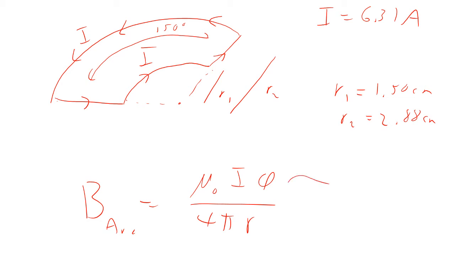What about that? We know the angle has to be in radians. That must be in radians. But I gave it to you in degrees. So that means, phi equals 150 degrees, and then we need radians.